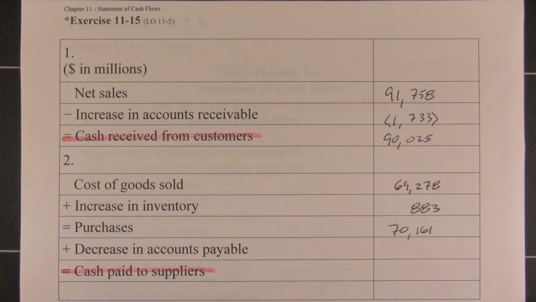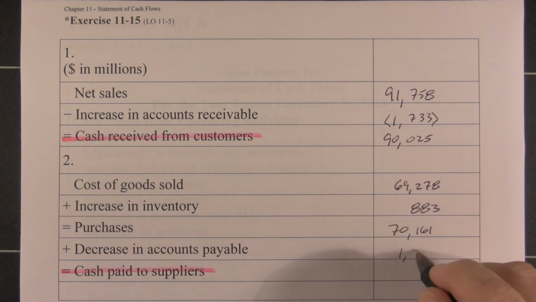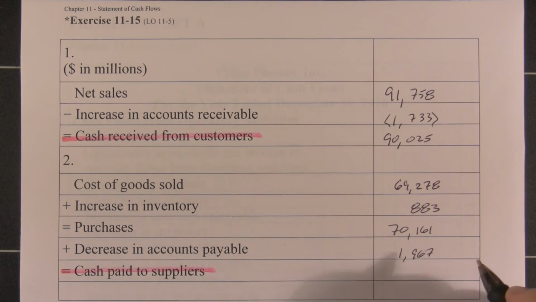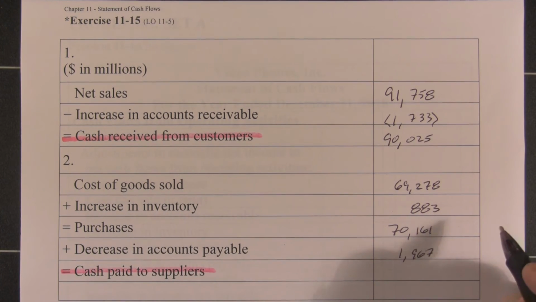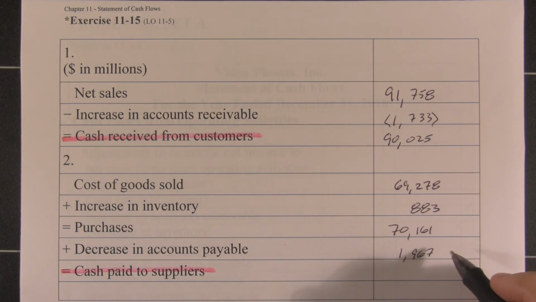Now, our accounts payable is $1,967 million more than it was. So in those purchases, we took credit for these payments, but we haven't made them yet. Therefore, our cash paid will be going up. So we add that.